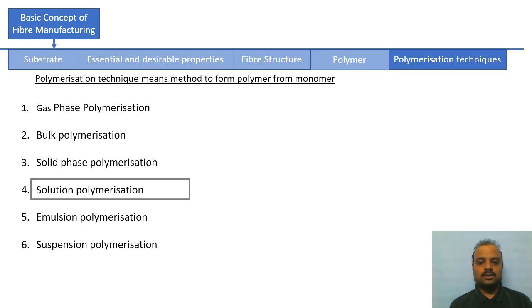These monomers are now forming a chain inside the solvent. But if the produced polymer is not soluble in the solvent, then it is precipitated out.